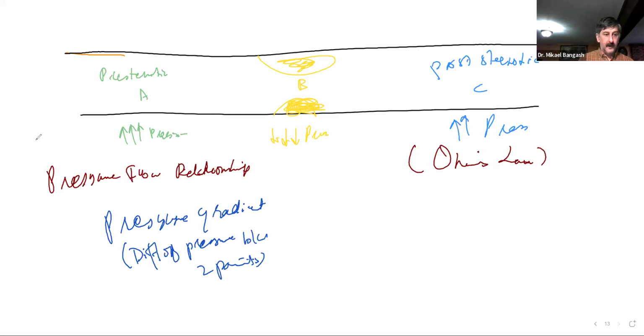But what we actually have to do is establish a relationship of this pressure, or the pressure gradient, to flow.